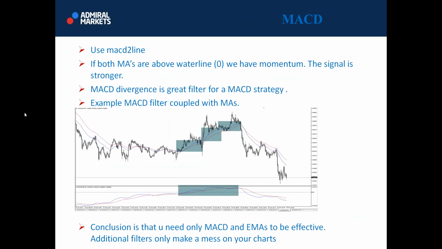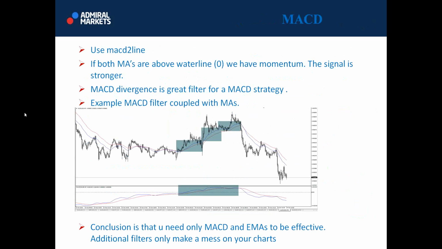So averages are dynamic indicators. MACD is a filter. Stochastic, in this example, is our entry signal. This is an example scalping system, and you can see how MACD filtered those trades perfectly. Also, MACD divergence is a great filter for a MACD strategy. I will repeat again, if both MAs of the MACD are above the waterline, then we have momentum.